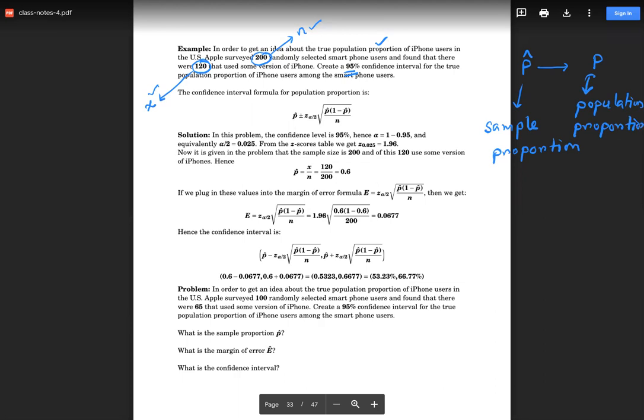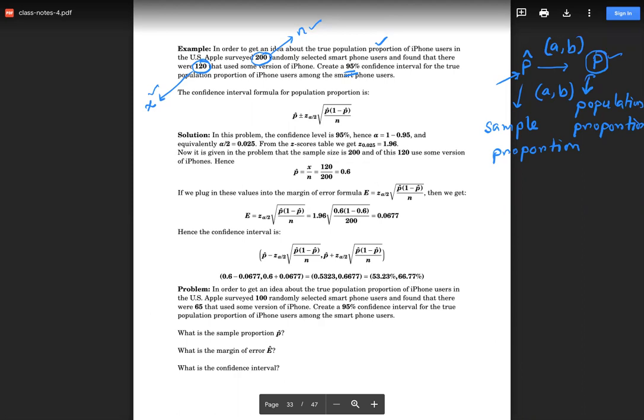Your P hat is something you're going to get from the sample. And from that, you are creating an open interval of the form A comma B that's going to contain the population proportion.